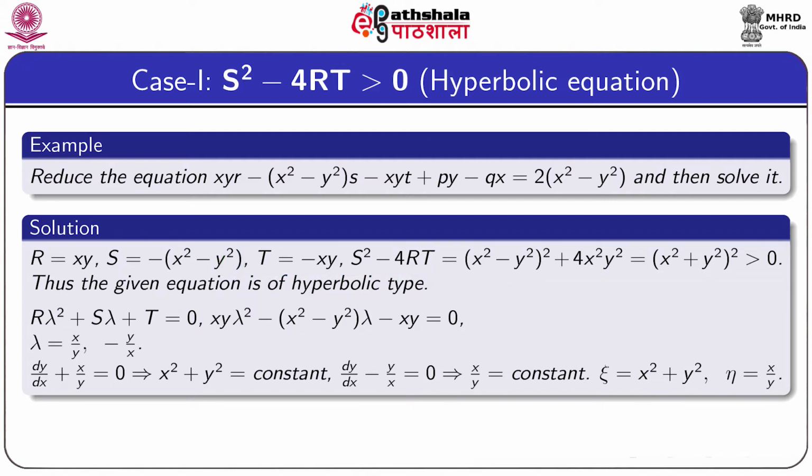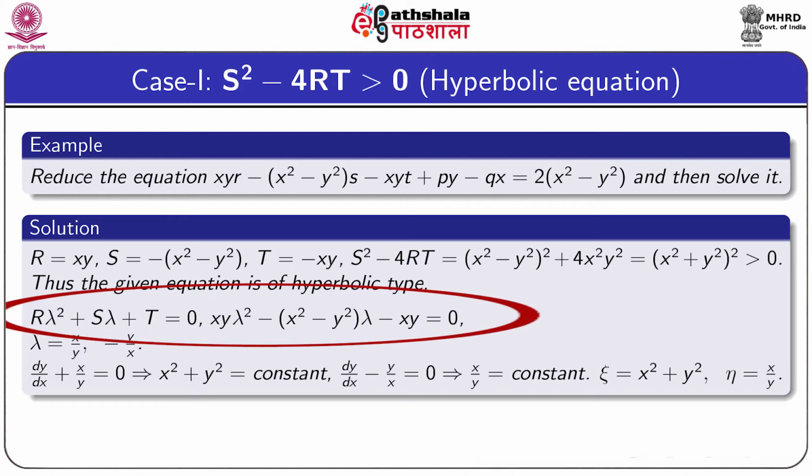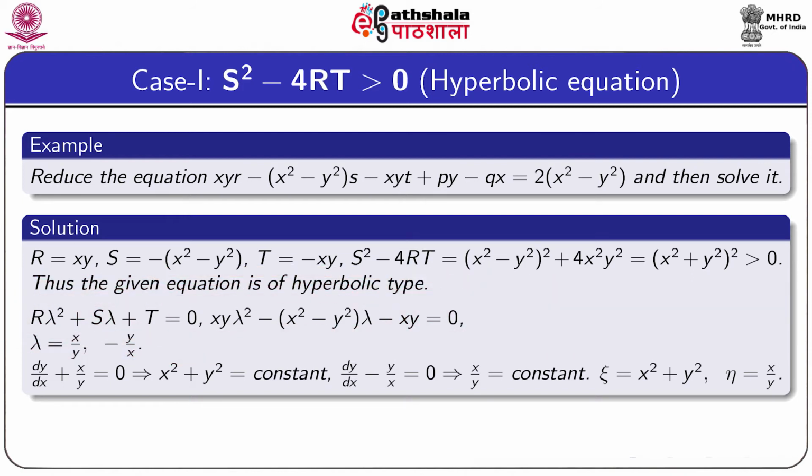So, this is a hyperbolic type equation. Now, think about the quadratic equation r lambda square plus s lambda plus t equals 0. Substituting the values of r s t, it becomes the equation shown here. From this equation, the two roots lambda 1 and lambda 2 are x by y and minus y by x.